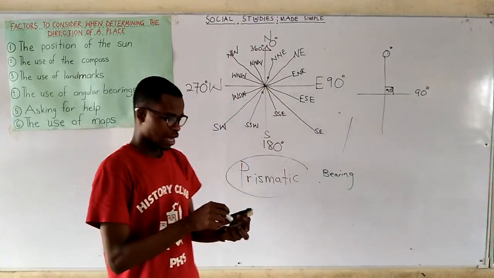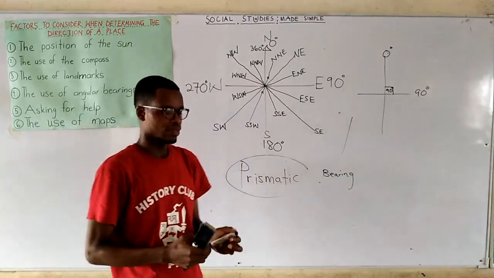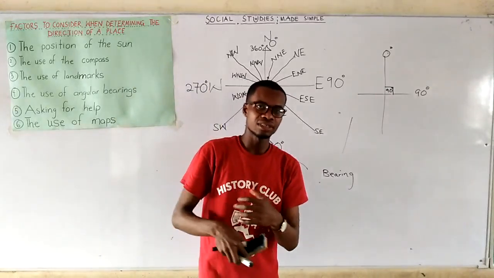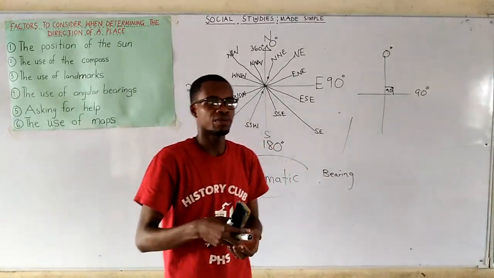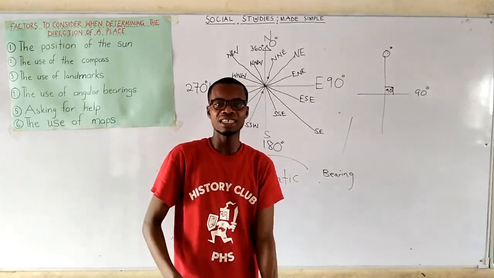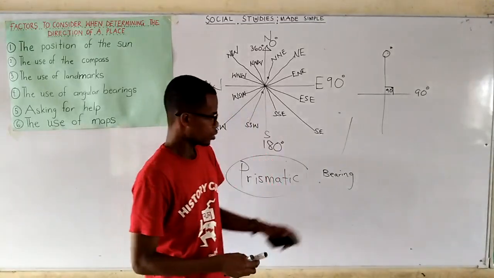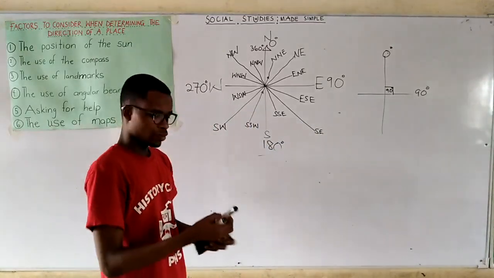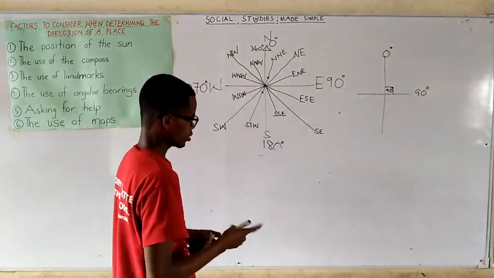So the compass is made in such a way that there is a magnet embedded in it. So the magnet is inside the compass, and this magnet communicates or relates with the magnet of the earth. Okay, so this may sound a bit confusing, but relax.